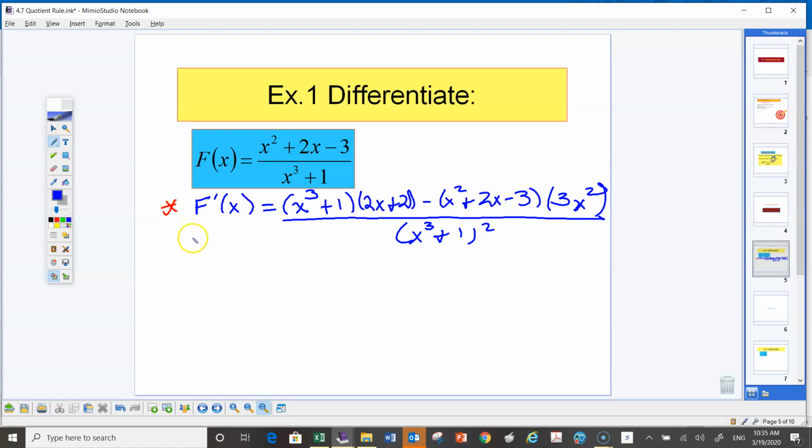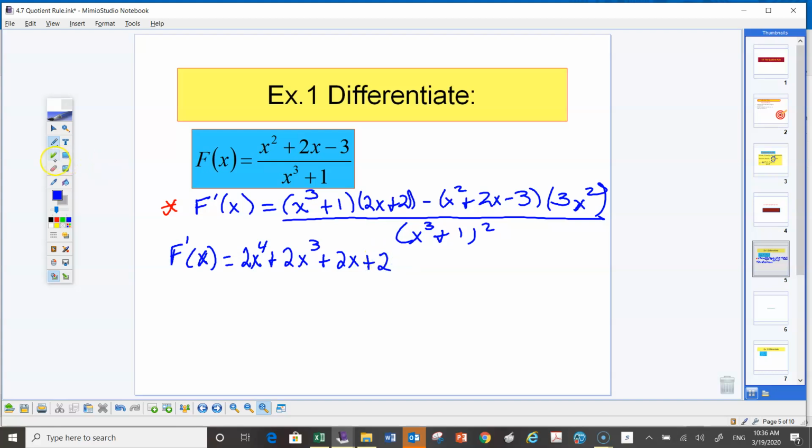So to find the simplified version of F prime, I'm going to multiply these two binomials together. So x cubed times 2x will be 2x to the fourth. X cubed times 2 is going to give me a positive 2x cubed. 1 times 2x is 2x, and 1 times 2 is 2.